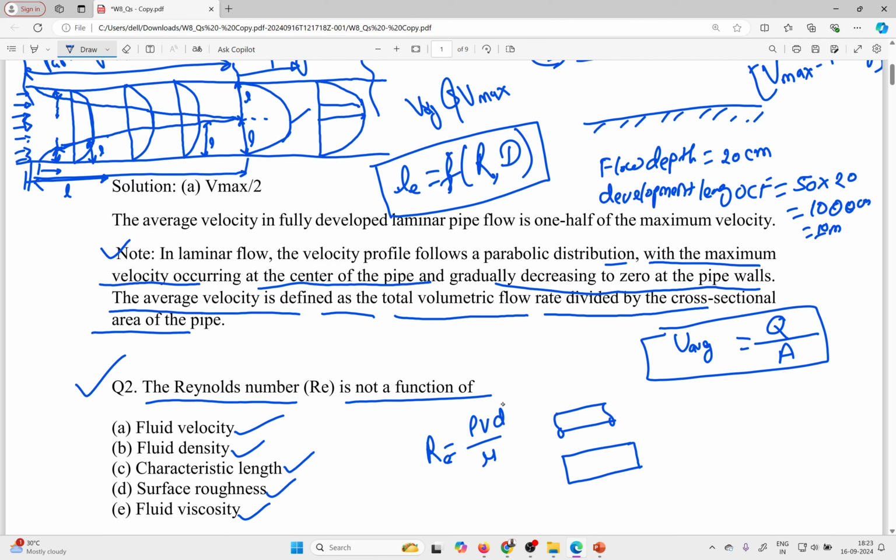Then what will be the value of D? If it is circular, this formula is okay, but if your pipe is other than circular, just think about it. For the sake of understanding, I am taking the rectangular one. So what will be the formula? If you want to try, otherwise I will discuss how you will calculate.